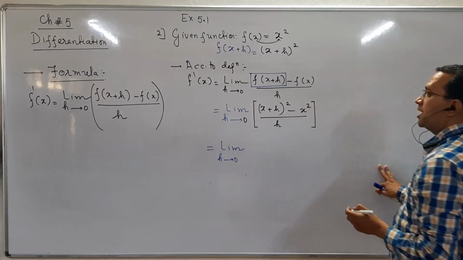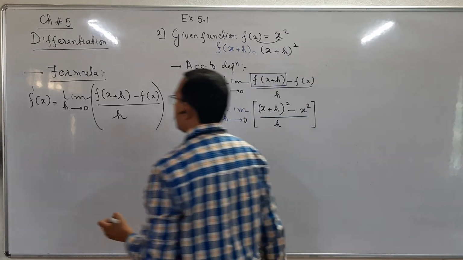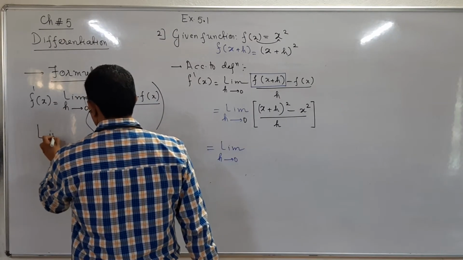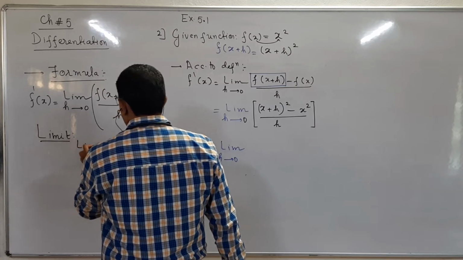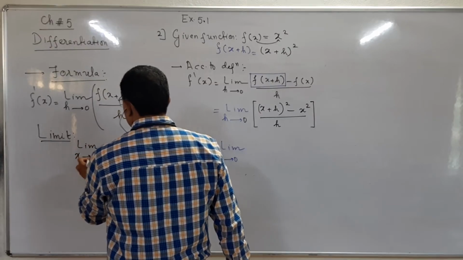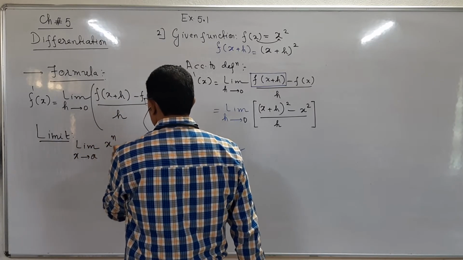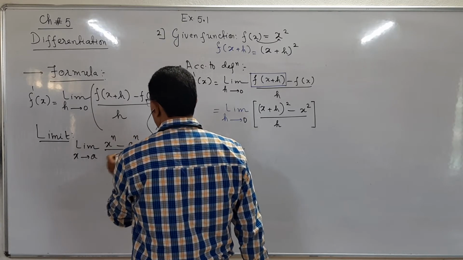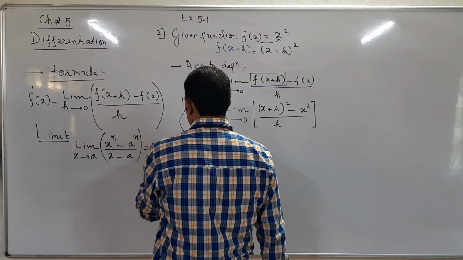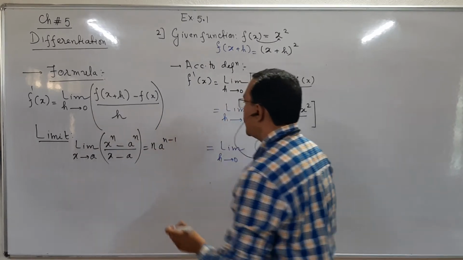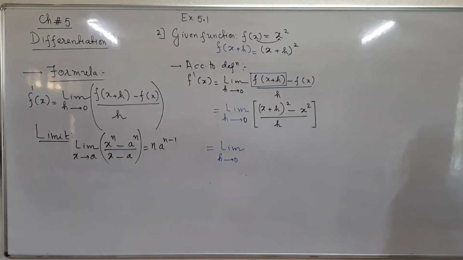Okay, students, now this formula of limit x tends to a, x raised to n minus a raised to n upon x minus a is nothing but n a raised to n minus 1.